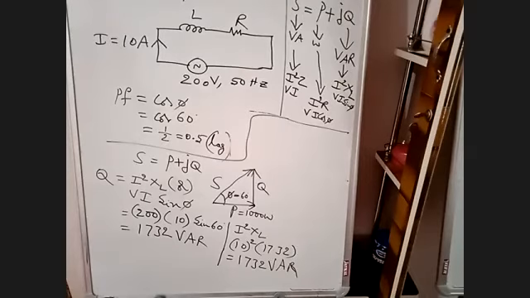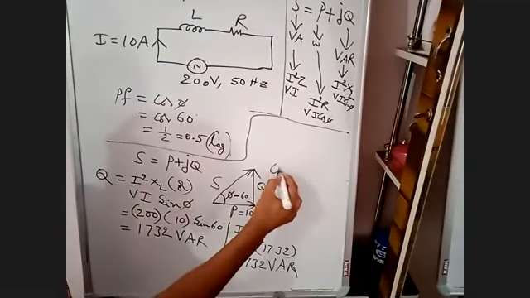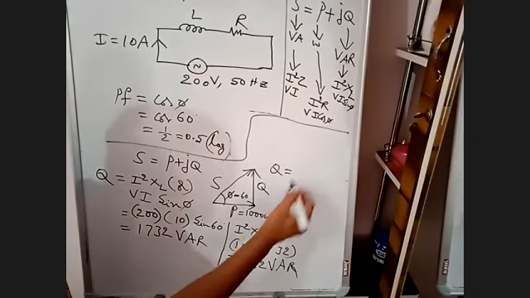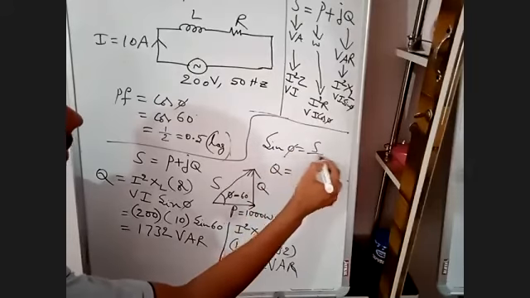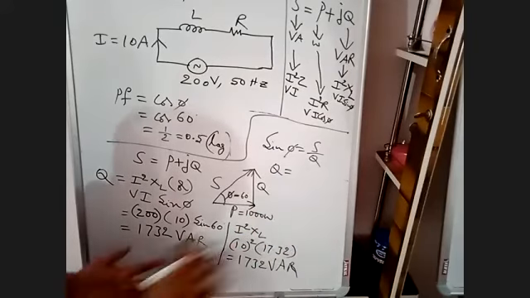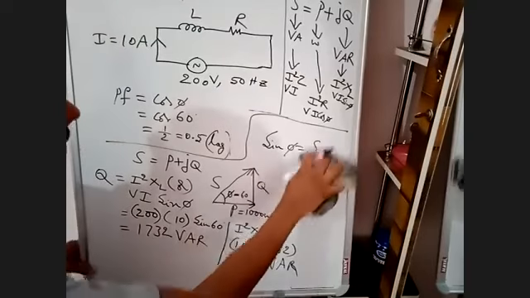Suppose if you want to calculate from the triangle, the right angle triangle, how will you calculate? Hypotenuse square equals side square plus side square.